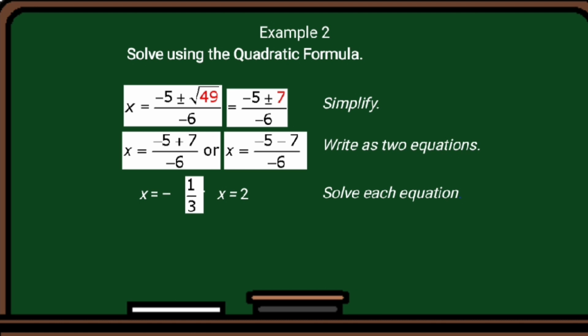Then, we have now negative 5 plus or minus 7 all over negative 6. Then, let's write as two equations. X is equal to negative 5 plus 7 all over negative 6, or x is equal to negative 5 minus 7 all over negative 6. Then, the value of x now is equal to negative 1/3, or x is equal to 2.